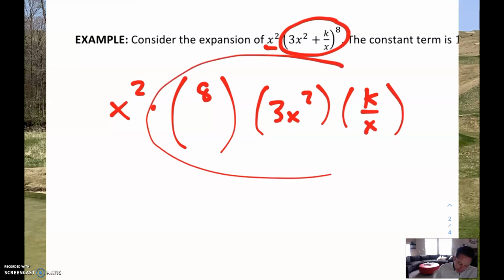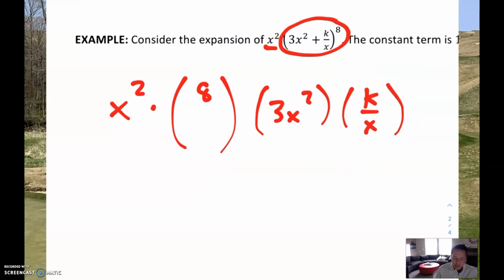For this binomial expansion, I need the one that results in an x squared on the bottom. So let's maybe take a guess here. We could try a 3 here and a 5 here. If you tried 3 and 5, you'd have x to the 6th on the top, and x to the 5th on the bottom. That wouldn't work. It results in more x's on top than on bottom.